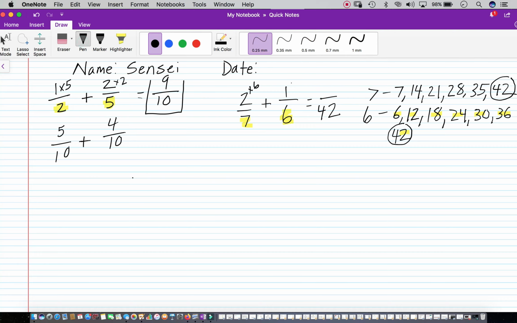So I can multiply this 1 by 7. Now 2 times 6 gives me 12. Keep my plus sign. 1 times 7 is 7. That's going to give me 12 plus 7 is 19. Keep our bottom 42. Great job.